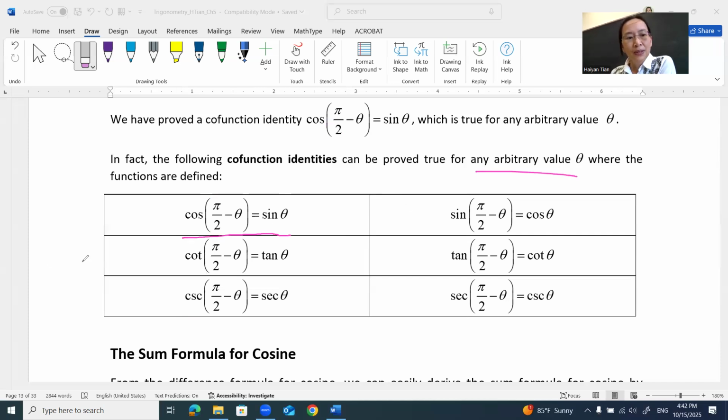We still have the cofunction identity, but today we apply this one formula to get this one. And in the future, you can verify the other 5 cofunction identities as well.